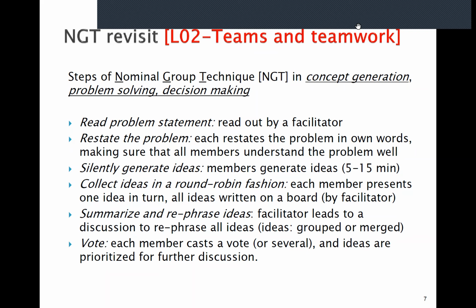Usually the facilitator reads out the problem statement, and then each team member restates the problem in his or her own words. So we'd like to make sure that all members understood the problem well. Next, members are given 5 to 10 minutes, sometimes 5 to 15 minutes, to generate ideas silently.